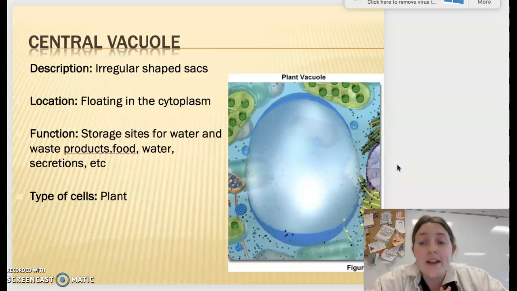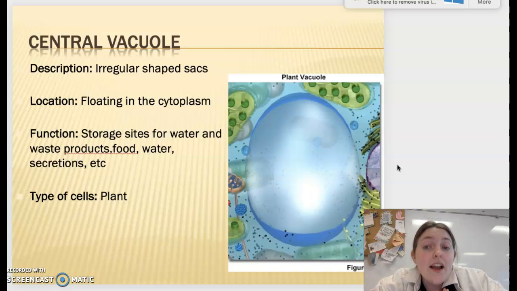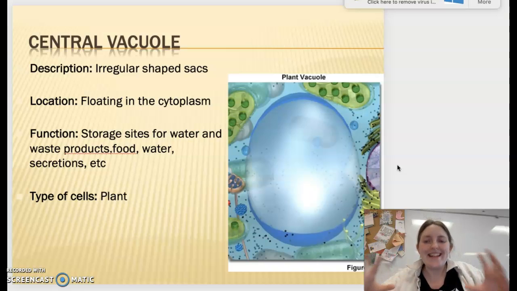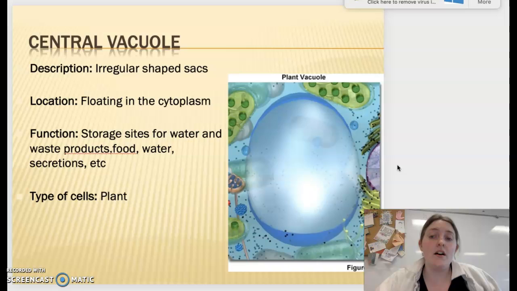Next one is the central vacuole. Now, animals, I did say, had vacuoles. However, plants have one gigantic central vacuole. It is the biggest organelle in all of the cells. It floats in the cytoplasm. It's a storage site for water, waste products, food, broken bits, secretions, because plants don't have a lot of lysosomes.